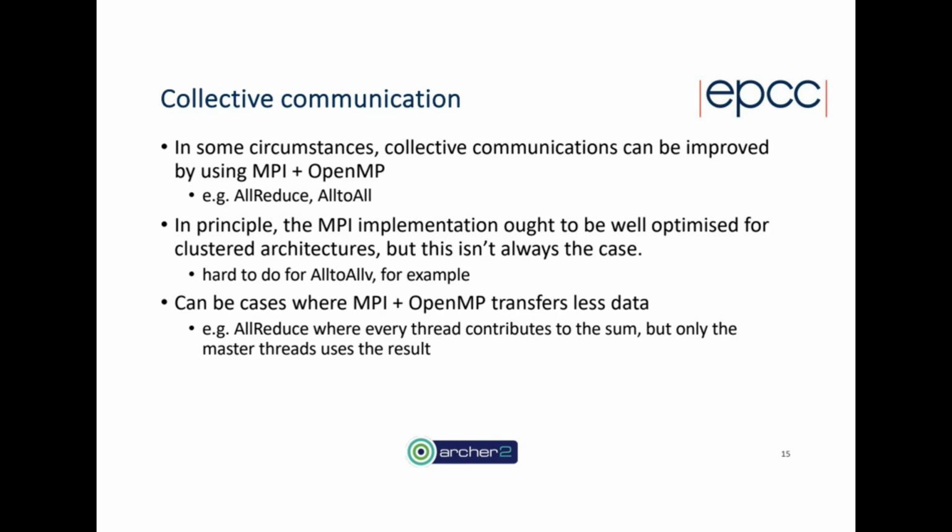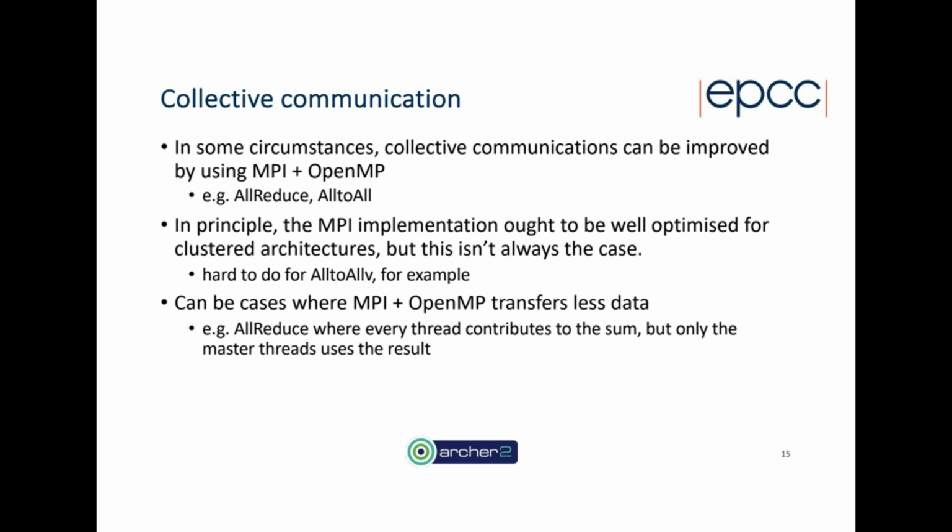Okay, and also with collective communication, in some circumstances, collective communications can be improved by using MPI and OpenMP. So, for example, for operations like all reduce or all to all, it can actually be a bit more efficient. In principle, your MPI implementation ought to be well optimized for the architecture, but that's not always the case.